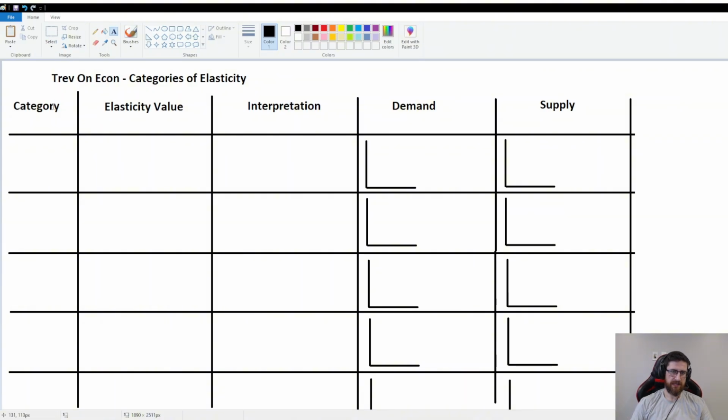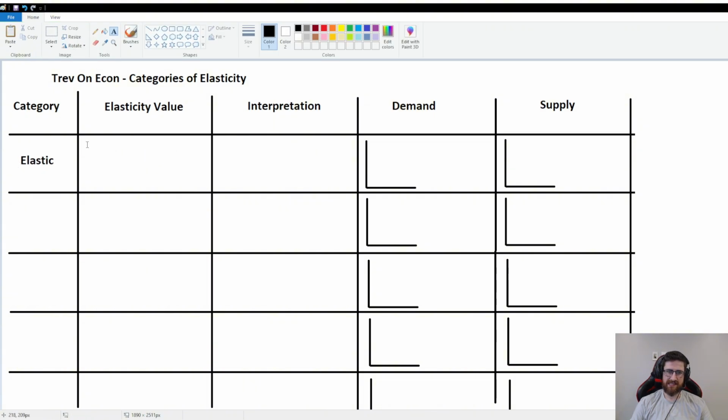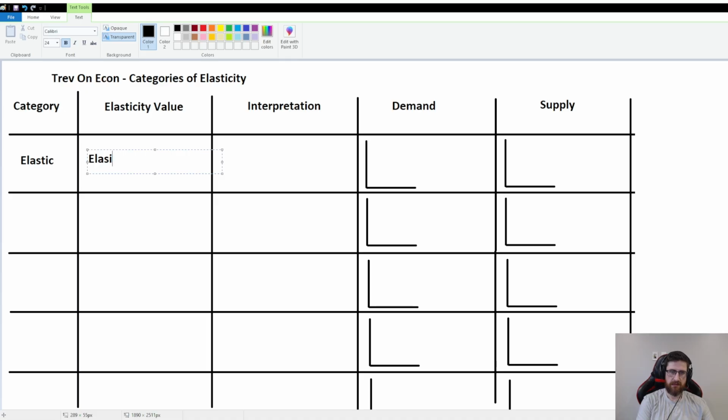Our first category is the one it's named after, basically. You can be elastic. And elastic simply means that your elasticity is greater than 1. Feel free to spell it out. I'm actually going to spell it out to make it easier. I know some people do not love the math symbols for greater than and less than, so I'm just going to spell it out just in case.